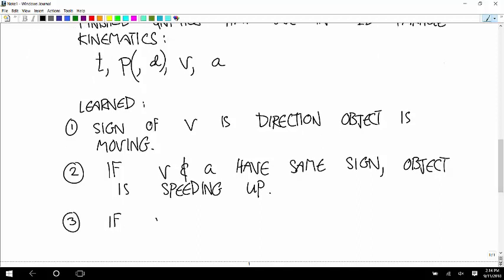And if the velocity and acceleration have opposite signs, the object is slowing down.